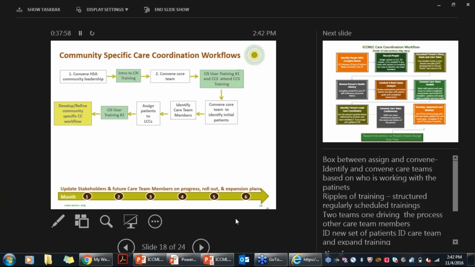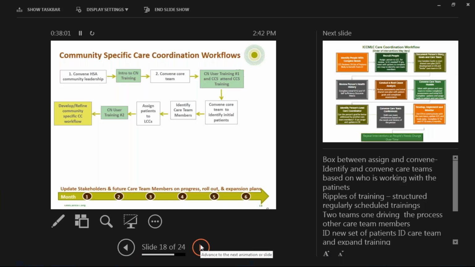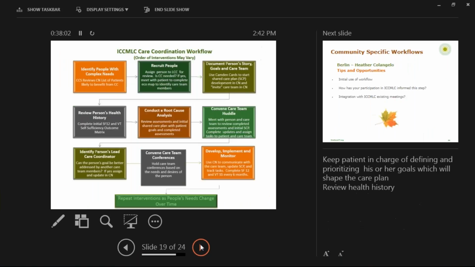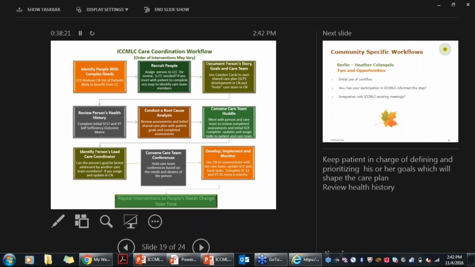Great, I think that's all our questions for now, so shall we keep going? Great, and sure, so this next slide is up because we wanted to segue into a community-specific workflow, and we took the box diagram and started some work on how that would look with integrating Care Navigator into it.